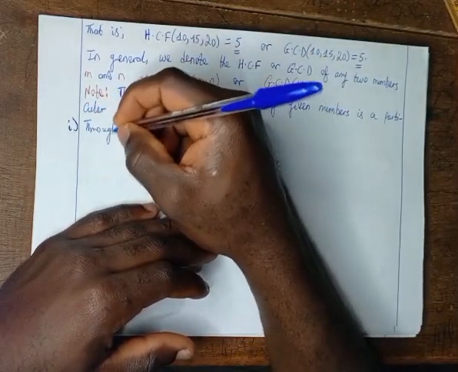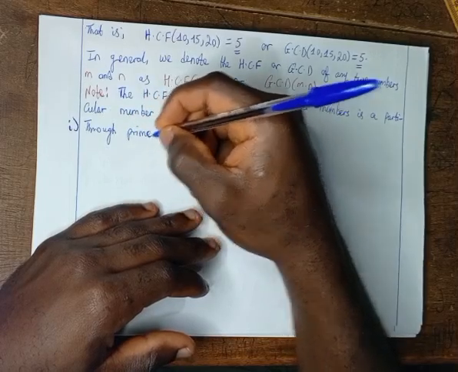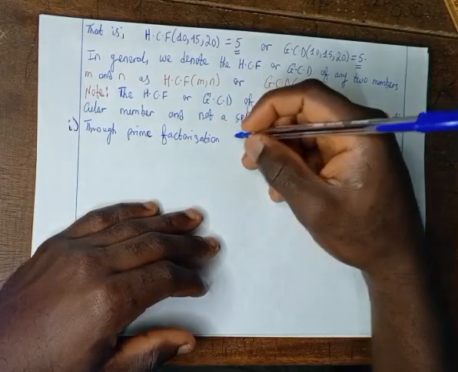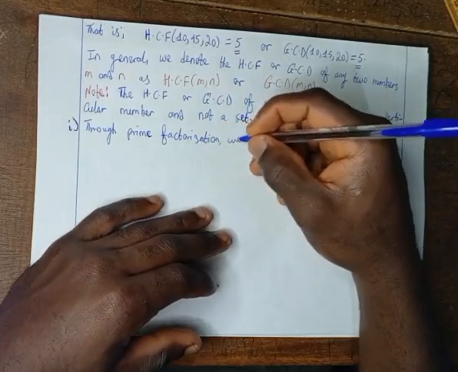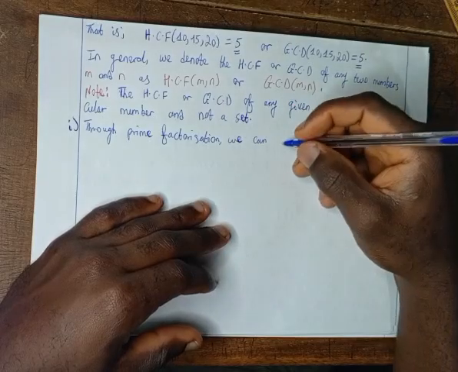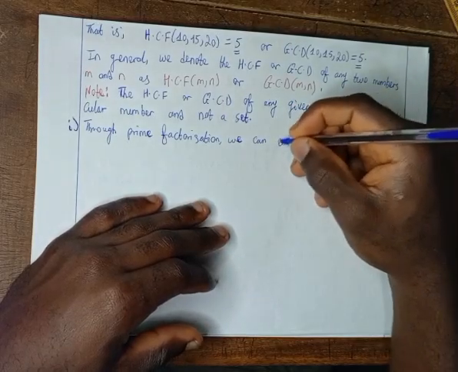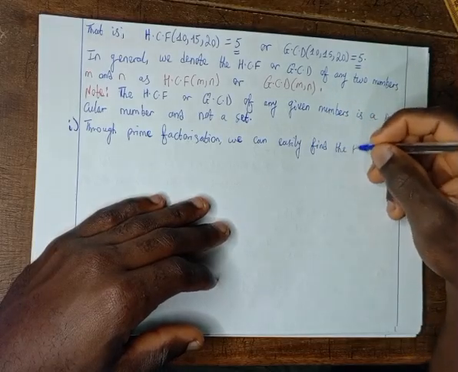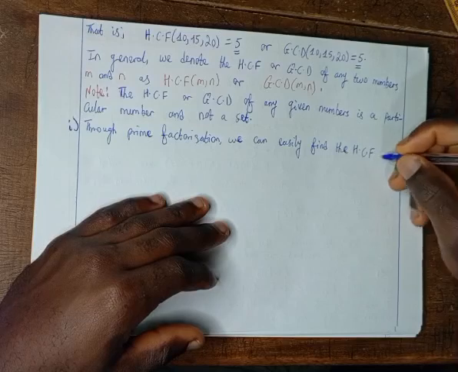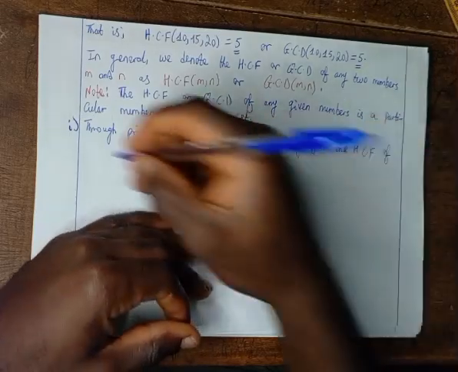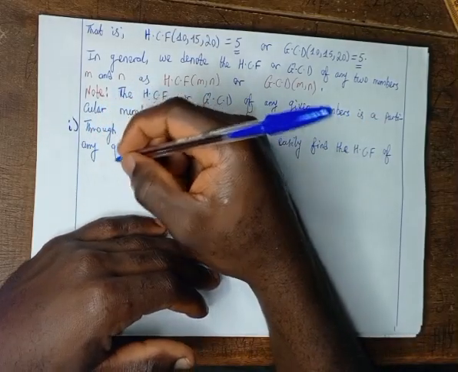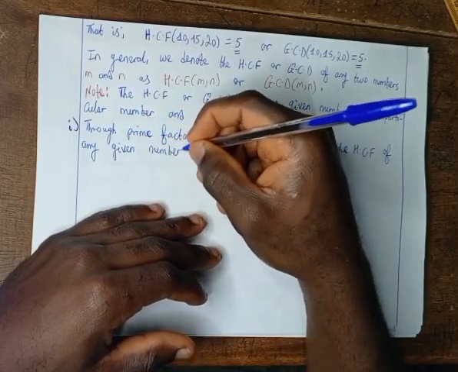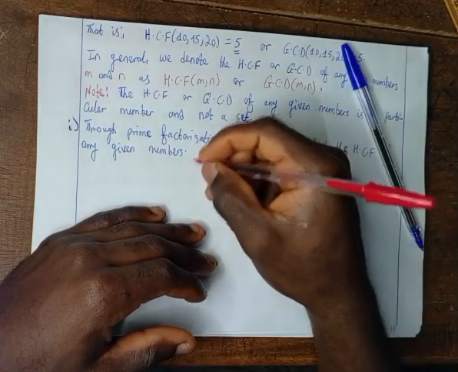Through prime factorization, we can easily find the HCF of any given numbers. Let's take an example.